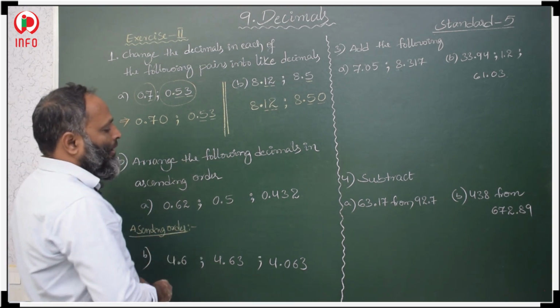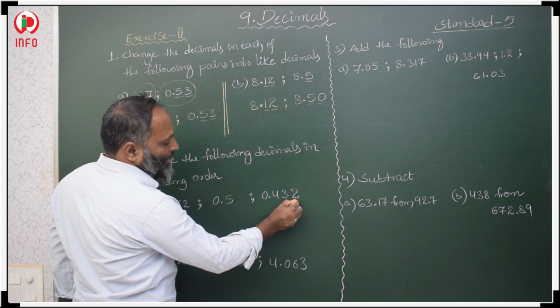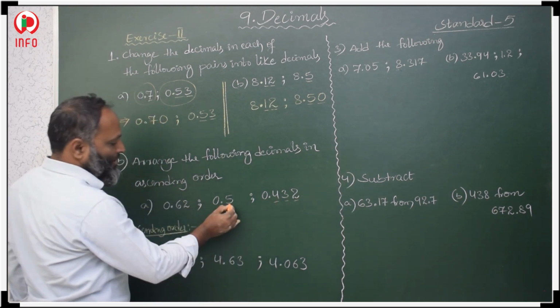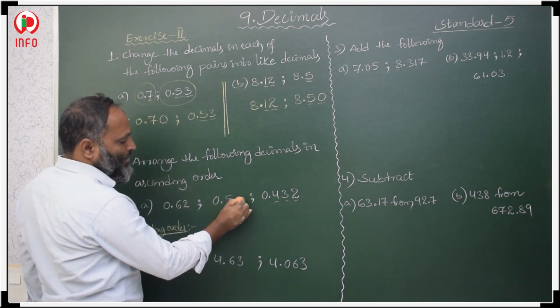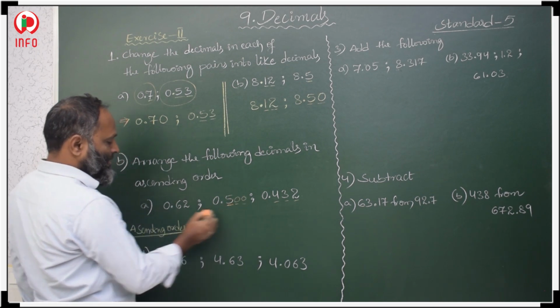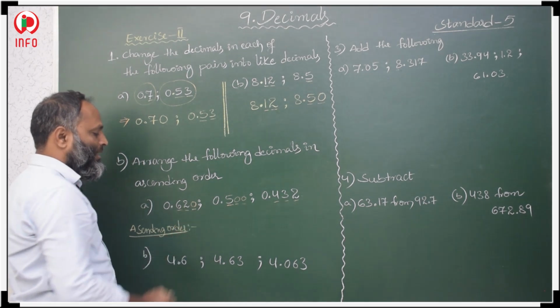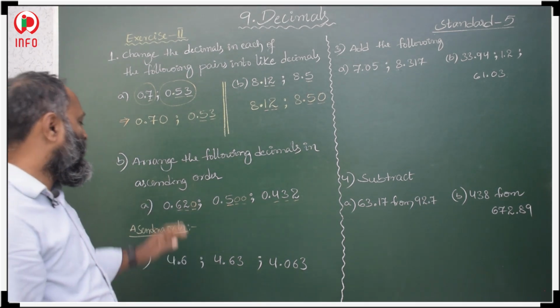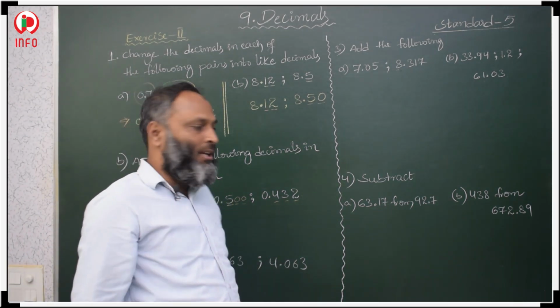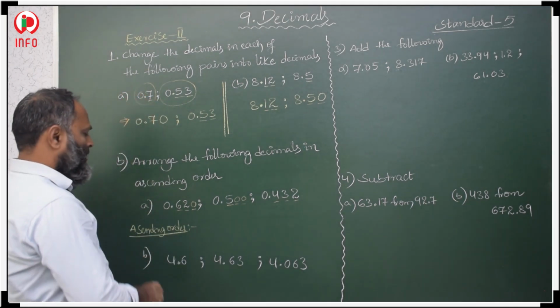Here after decimal we have three places, and here we have only one place, so you keep two more zeros here, then you will get three places. After decimal we have two places, keep one more 0, then you will get three places. So now all these are like decimals. Now you compare. So which one is smaller?